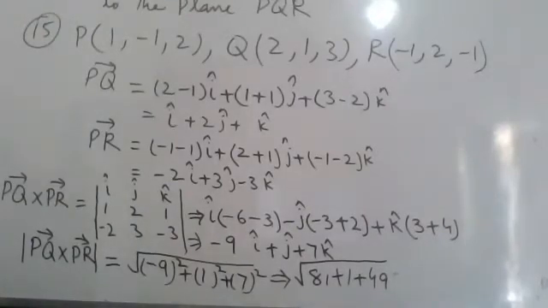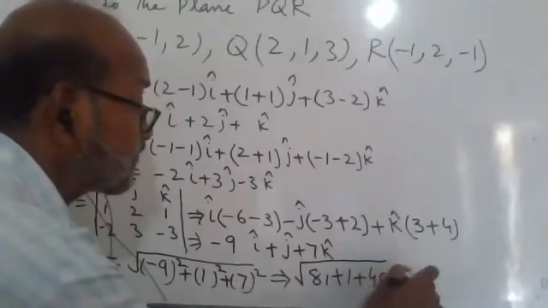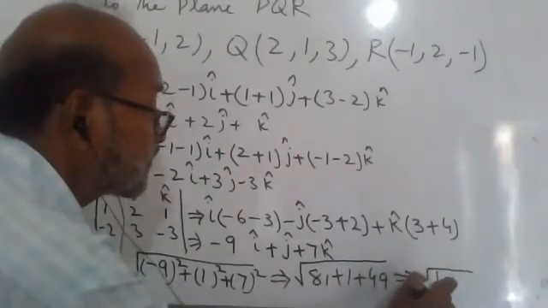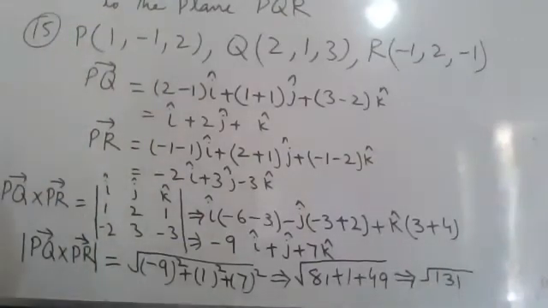That is under root 131. So this is the magnitude of PQ cross PR.